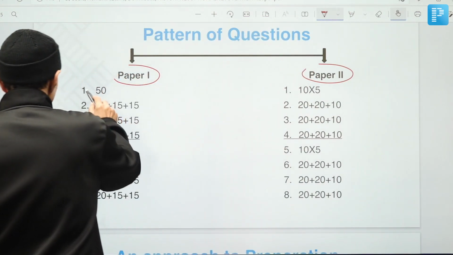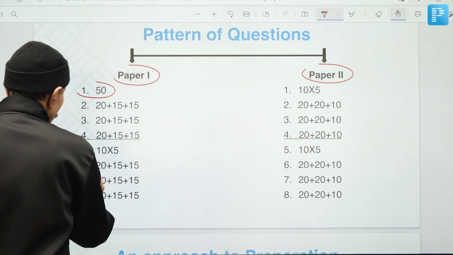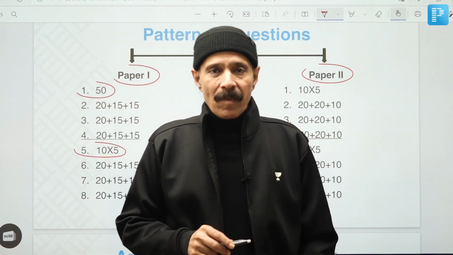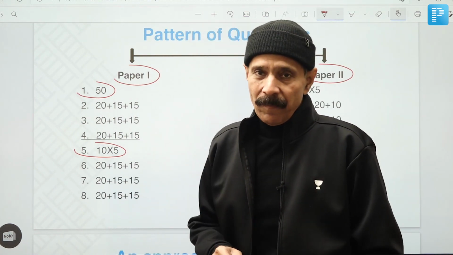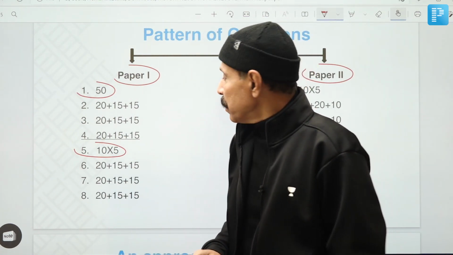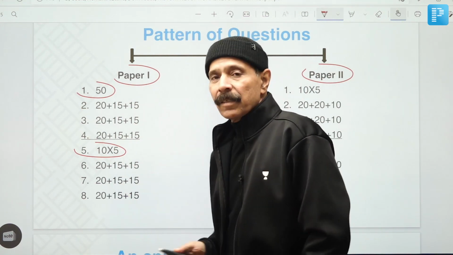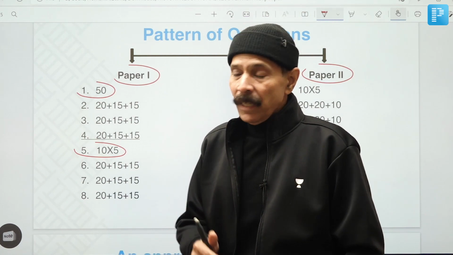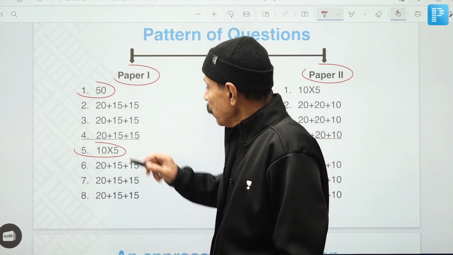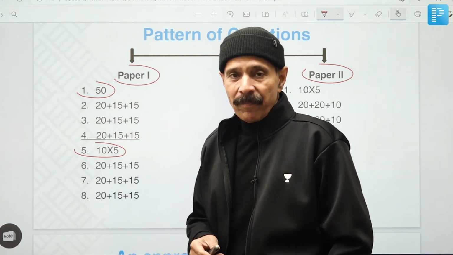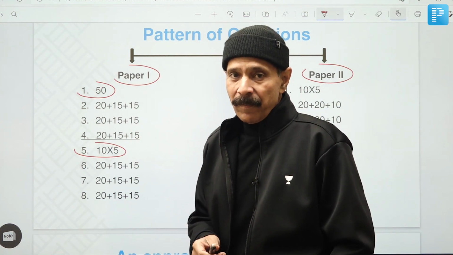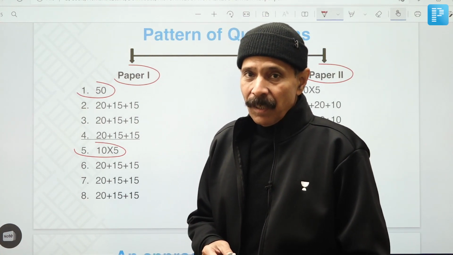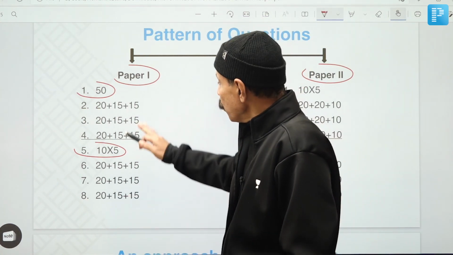Here, the first question and the fifth question are compulsory. This means you don't have any choice here. And out of 8, you're supposed to write 5. Now among 5, 1 and 5, these two are compulsory, so only 3 are left. Now out of the 3, you can choose a maximum of 2 from one section.